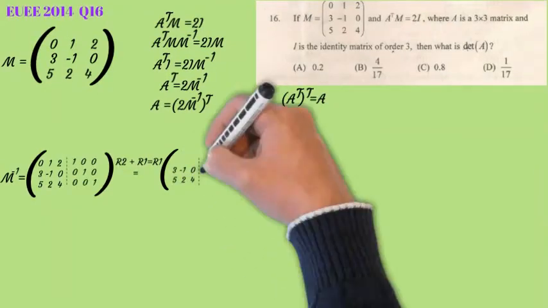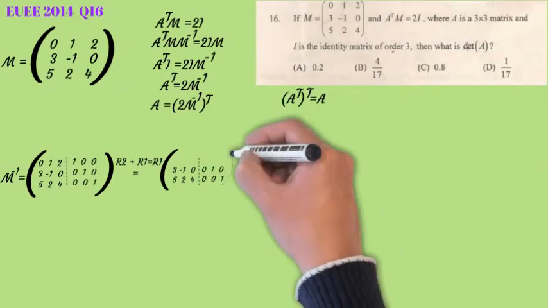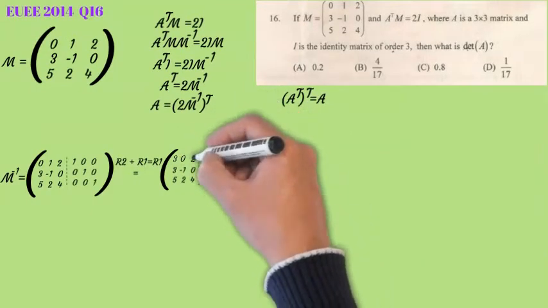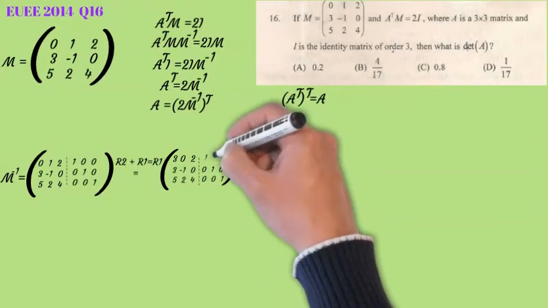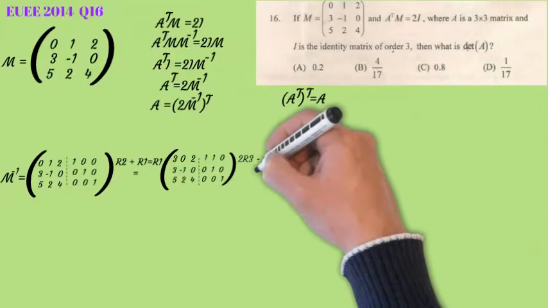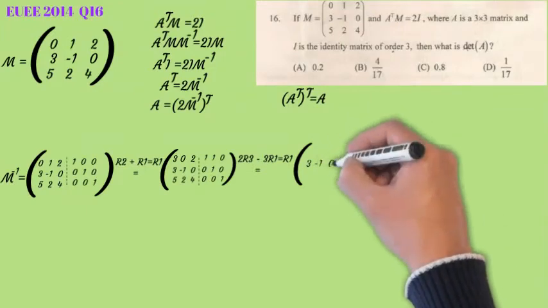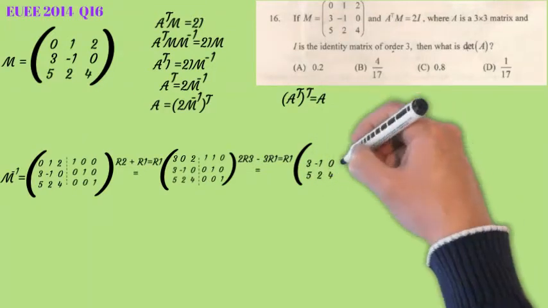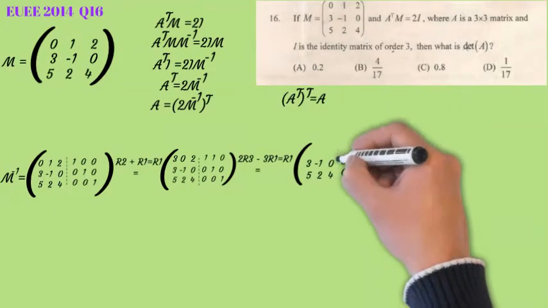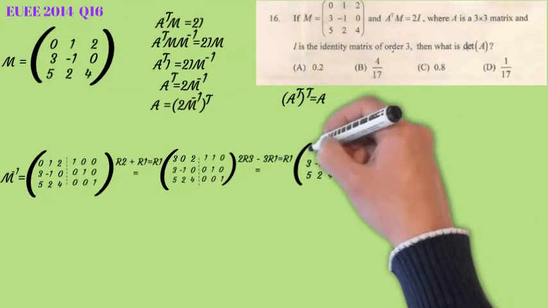So we'll copy row 2 and 3 as they are. There is no change there. But on row 1, we have to add it to row 2. When we do that, we get 3, 0, 2, and 1, 1, 0. We'll do the same thing until we exchange the two, the identity and the matrix, which will give us the inverse. Now we'll multiply row 3 by 2 and subtract 3 times R1 to give us R1.